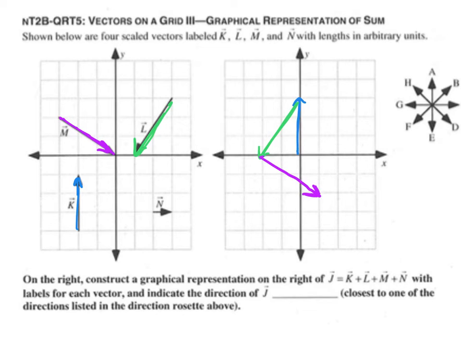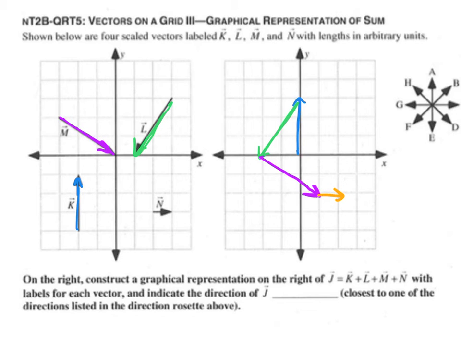And then finally n, and we see that n is just 1 to the right, so we go here, 1 to the right, and we end up here. And then, and this is sort of the important bit, my final vector needs to start at the open endpoint and end at the open arrowhead.